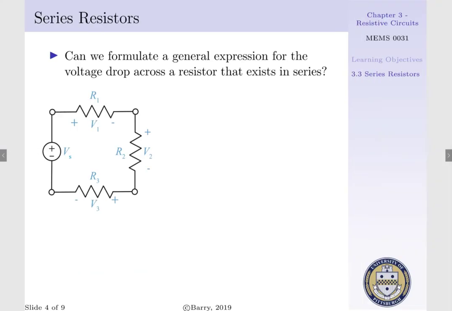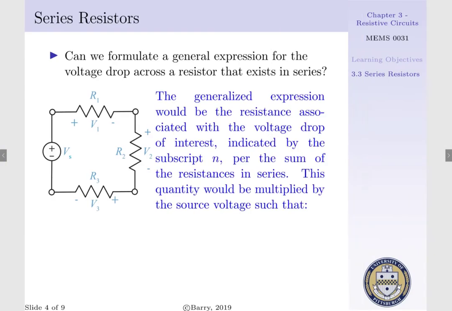So, can we formulate a general expression for the voltage drop across a resistor in series? And the answer is yes. Our generalized expression would be the resistance associated with the voltage drop of interest, and we're going to designate this by the subscript n. Now, this quantity, R sub n, would be per the sum of the resistances in our series configuration.